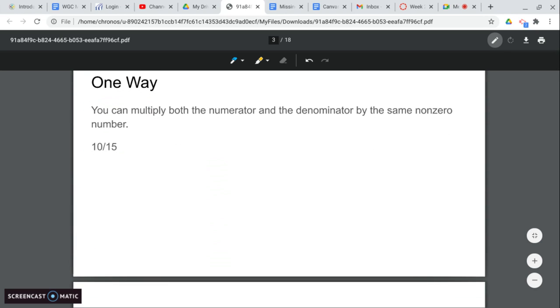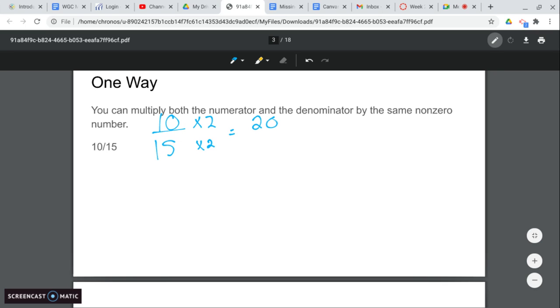So one way, you can multiply both the numerator and the denominator by the same non-zero number. So here we have 10/15, and I'm going to write it so it looks more like our typical fraction. We want to find an equivalent fraction. So we can multiply these both by 2.